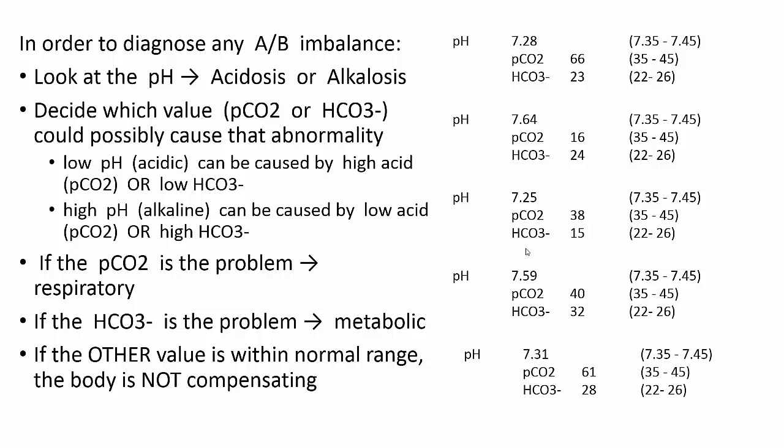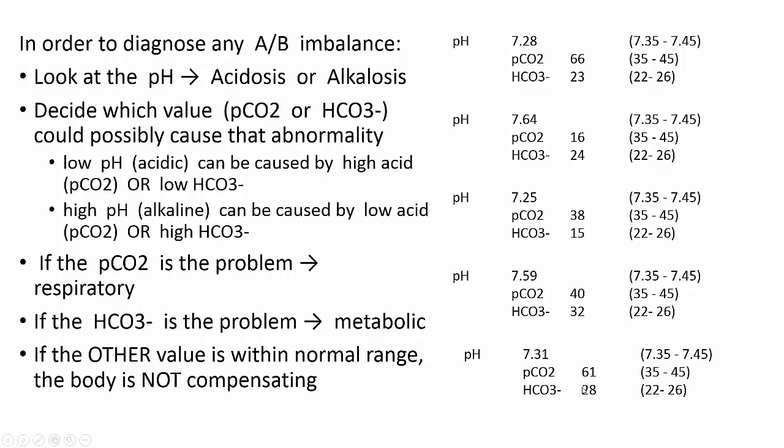Now on the last one, guys, we have 7.31. 7.31 is still low, so this is acidosis. Okay, the CO2 level is high, but so is the bicarbonate, so both are off. Okay, but since this is an acidosis, guys, look at the bullet that says low pH or acidic. Okay, this one right here. Now it can be caused by a high acid or a low bicarb. Well, both of these are high. So since it's a high acid, this is still respiratory acidosis.